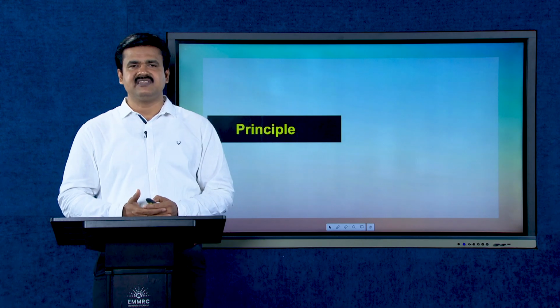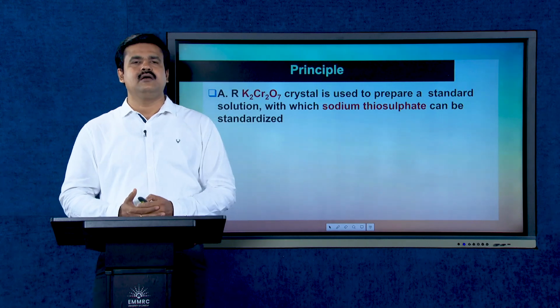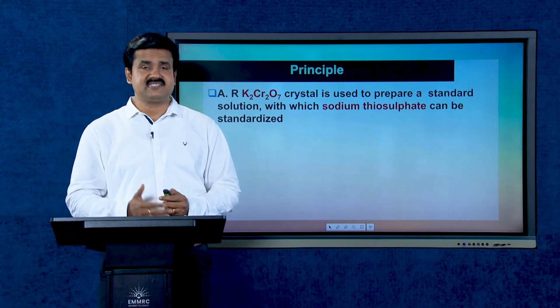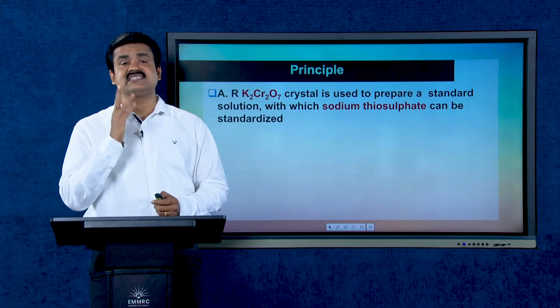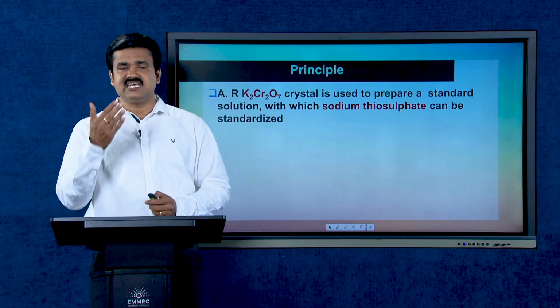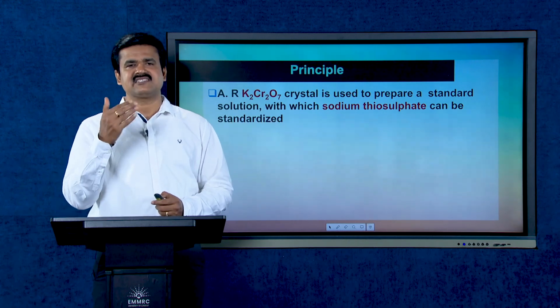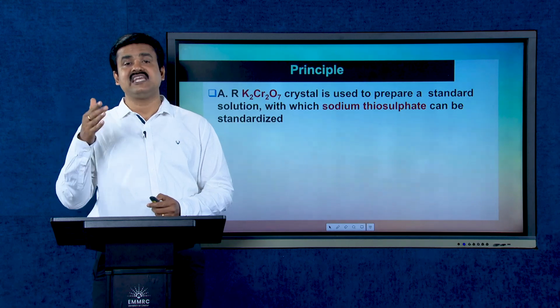Principle behind the experiment. AnalaR potassium dichromate, that is K2Cr2O7 crystal, is a primary standard, and this can be used to prepare a standard solution. By utilizing that potassium dichromate standard solution, you can standardize the given sodium thiosulfate solution. Previously, in the reagents required, you noted that the given sodium thiosulfate is approximately N/20.